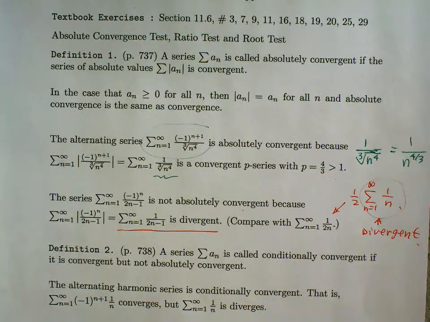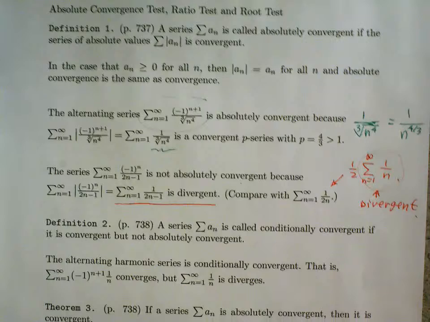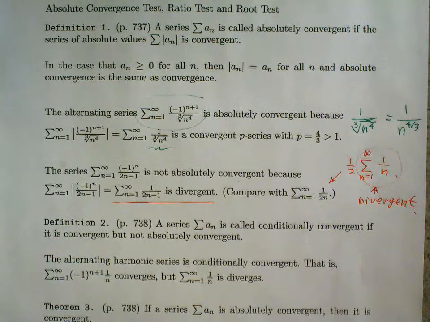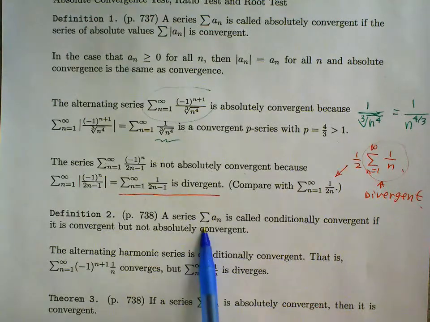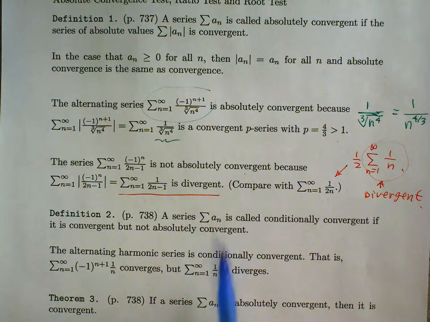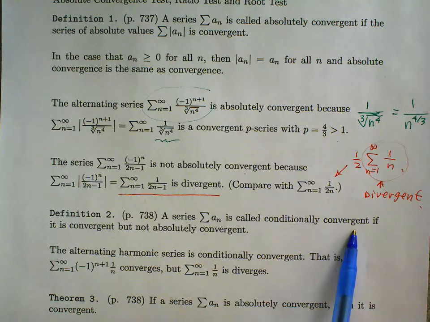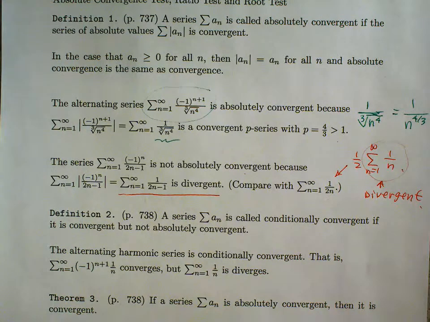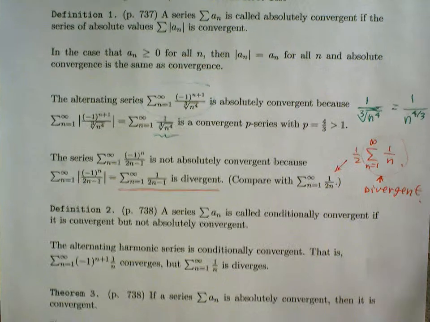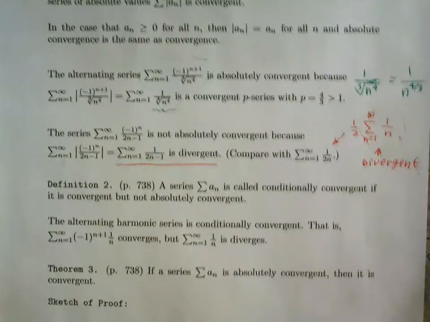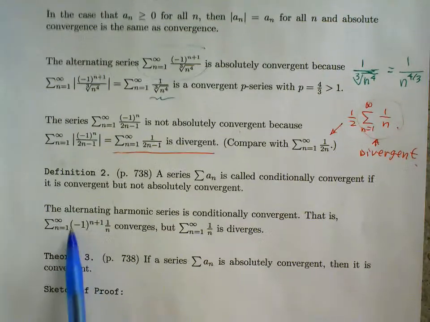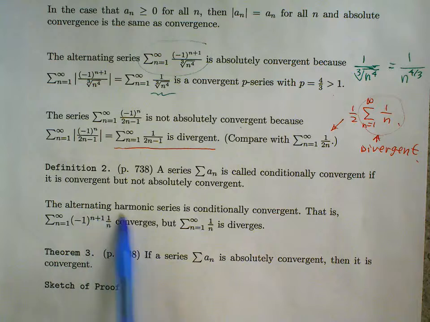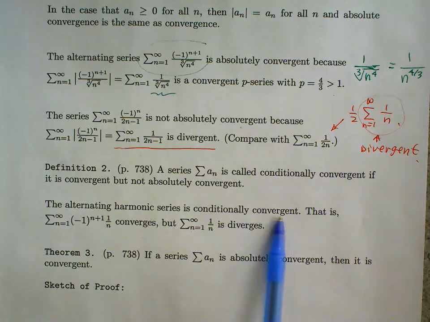Okay, the next definition: a series where the terms are a sub n is called conditionally convergent if it is convergent but not absolutely convergent. As we have already seen today, the alternating harmonic series is conditionally convergent.